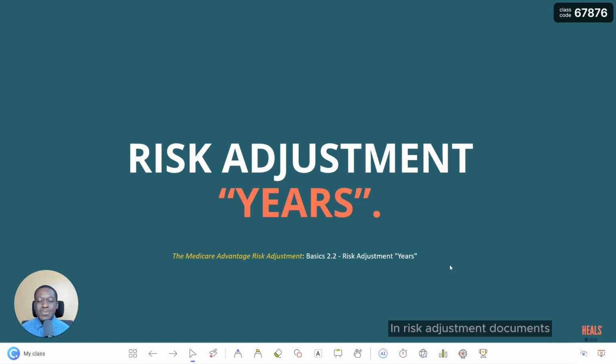In risk adjustment documents, as you go through them, you'll recognize that there are a lot of mentions of years. And a good question to have is to understand which year is being talked about. So this month we'll take some of the years and explain them, and we'll see where you can find them so that you can better understand as you look through risk adjustment documents and risk adjustment data, to be able to use them for your purpose.